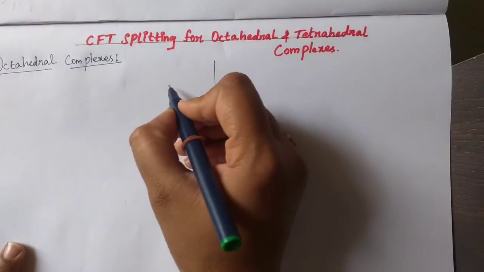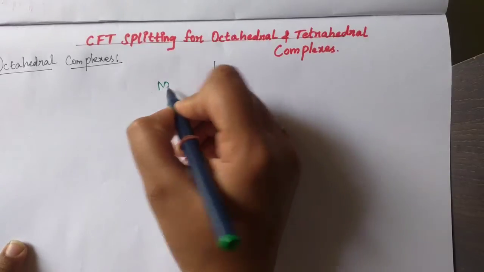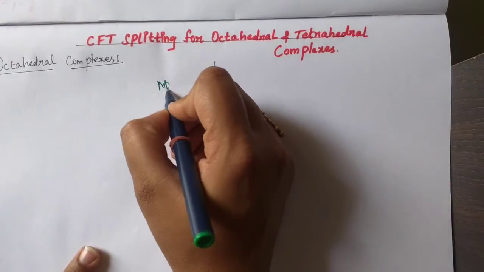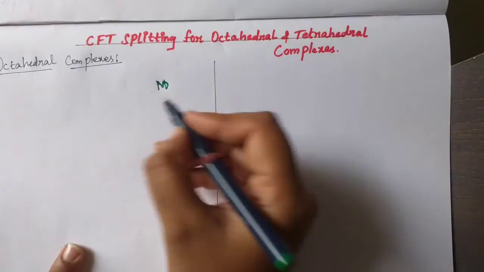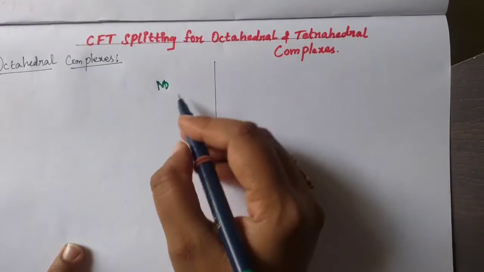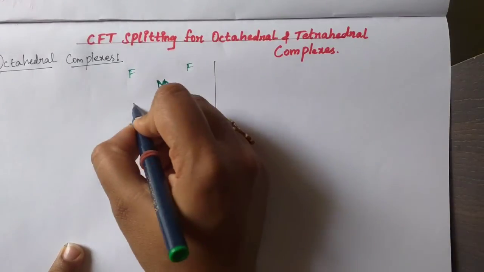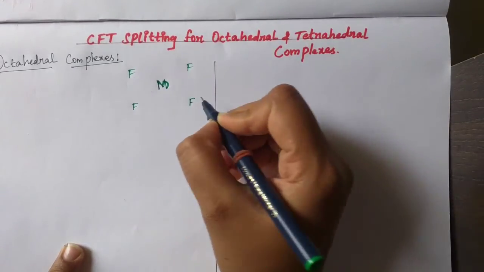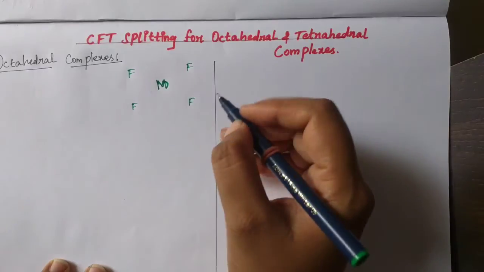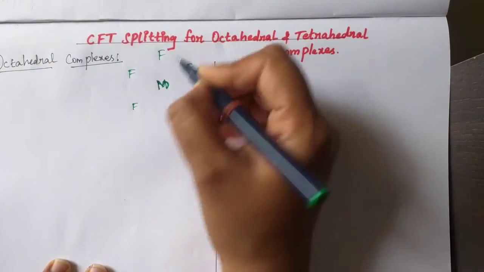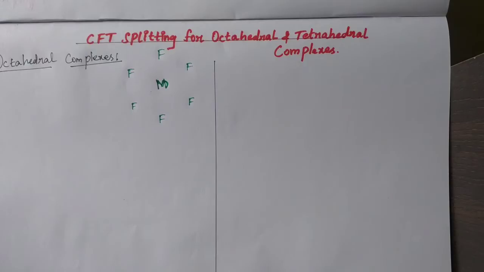Octa means 6 sides, right? So here is the central metal ion. 6 ligands are approaching the central metal ion, right? 1, 2, 3, 4. If you consider an MF6 complex, okay, here one ligand, here one ligand.